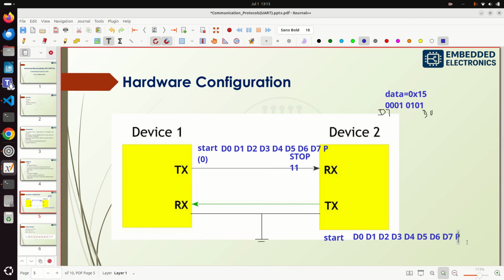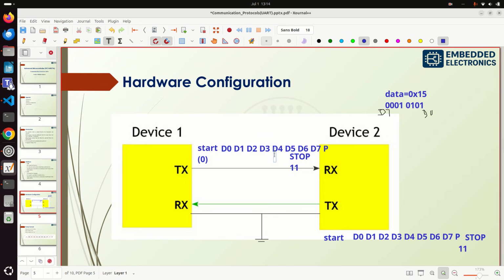What do you mean by parity bit? Let me explain what the parity bit is.